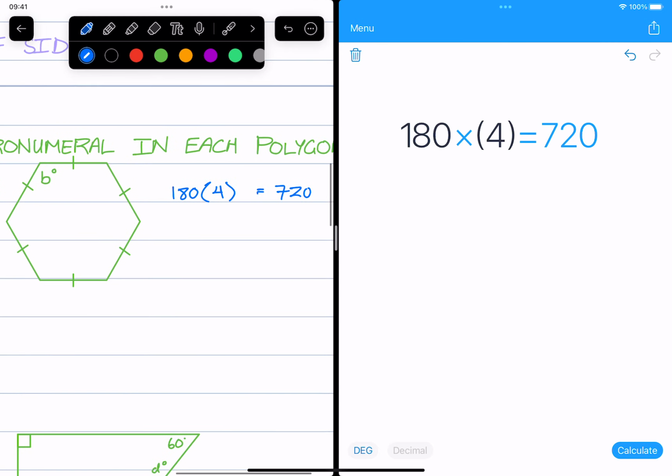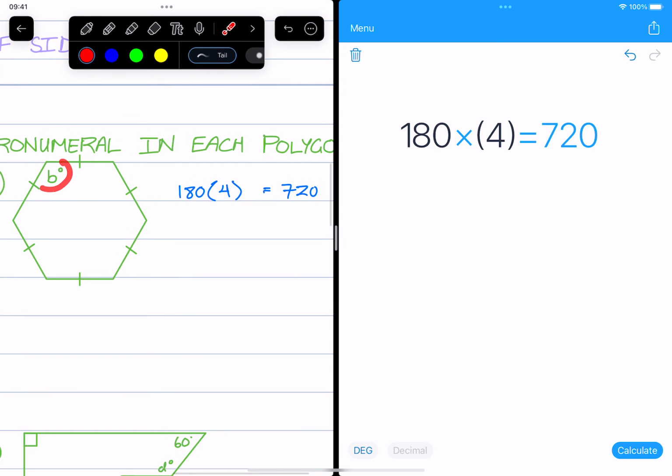Now, if we think about how many angles there are here, it's 1, 2, 3, 4, 5, 6. Now, because all the sides are the same length, it must be the case that all the angles are the same. So this is going to be 6 lots of the angle B equals 720.